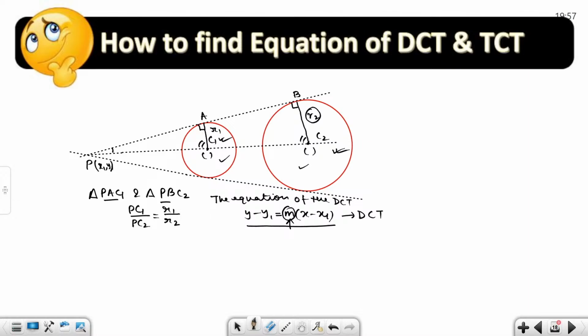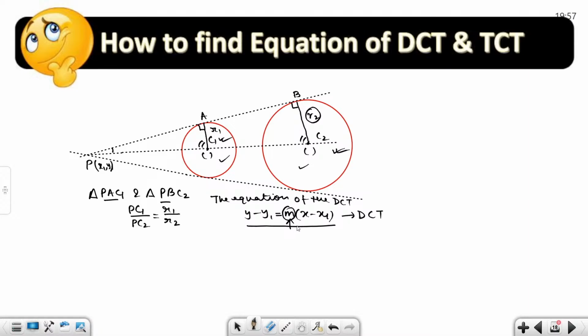So simply by equating it, you are going to find out the value of m. Don't worry, I am going to take an example. First you understand the theory. The moment we have the value of m, we know the equation of the direct common tangent. As simple as that. Is it clear?